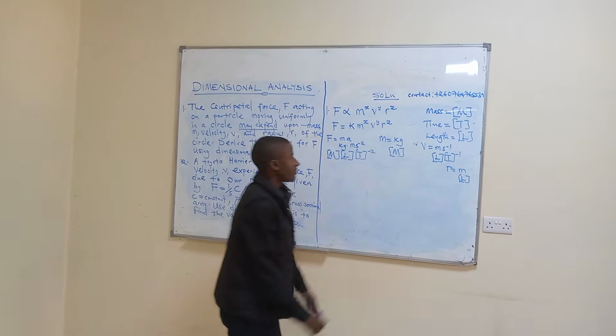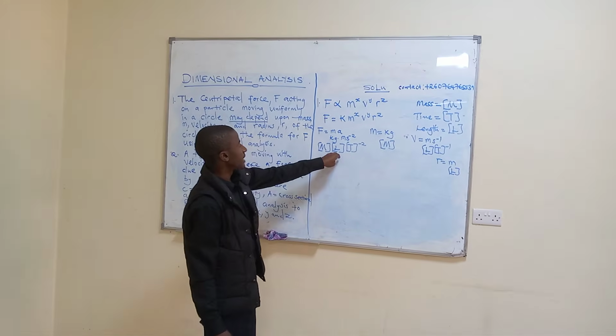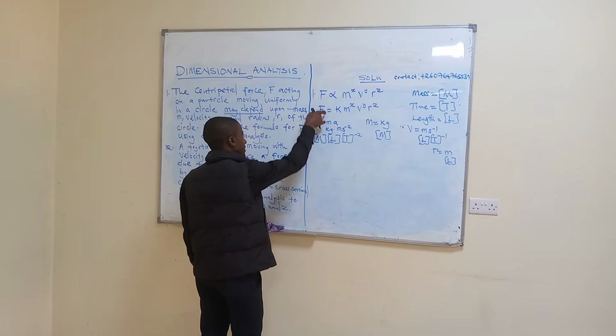So from there, after finding the dimension of each, I should now replace them in the formula. For force, I'm going to get this and substitute there.